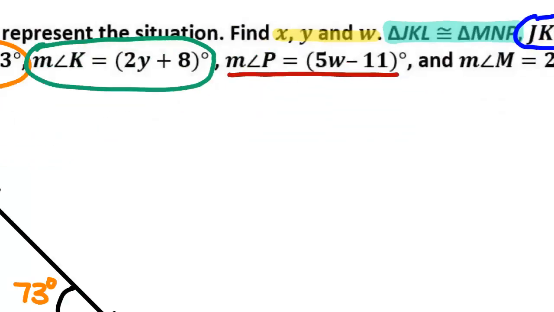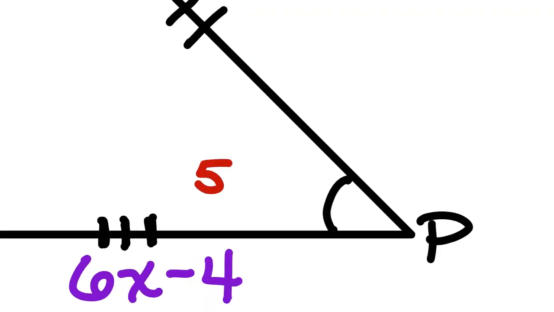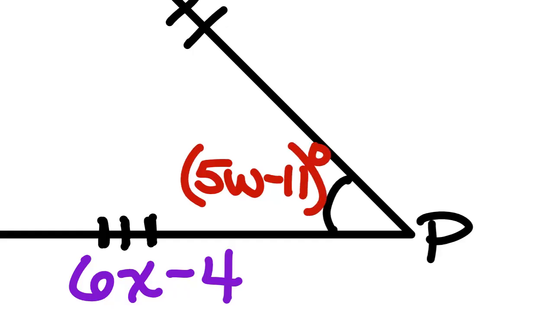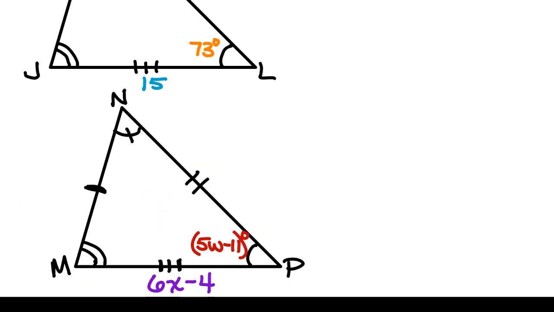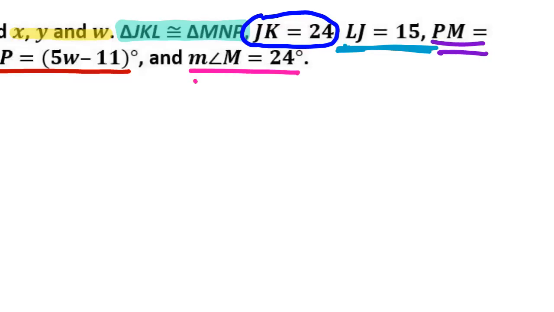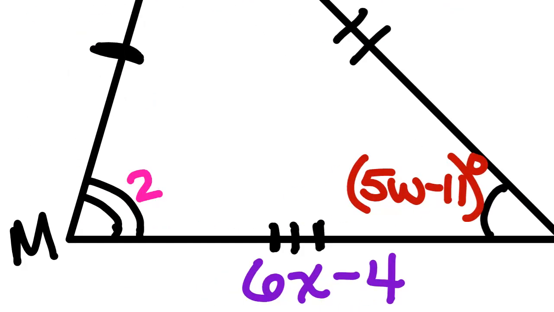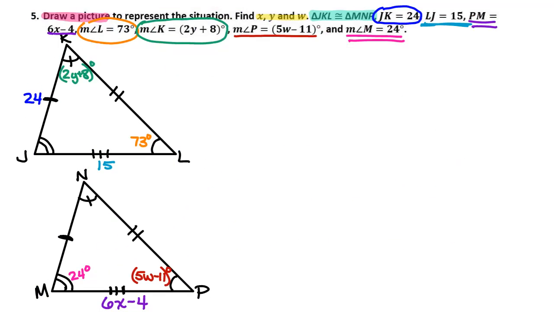Angle P is 5w minus 11. And finally, we have angle M, which is 24 degrees. All right. We're supposed to find X, Y, and W.